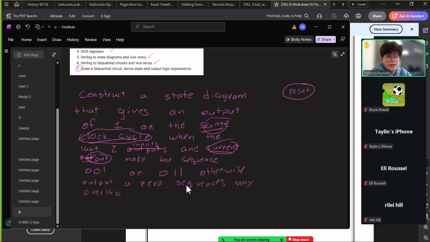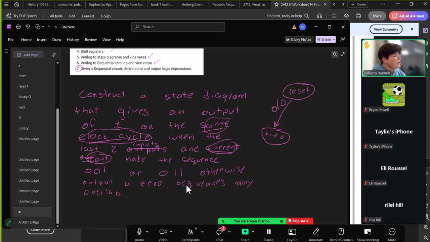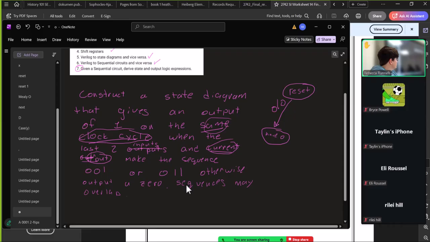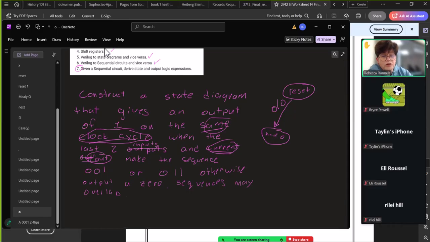Yes. So that's going to take us to a new state. Do we have either of our sequences yet? No. So our output is 0. From the reset, if we get a 1, is that headed towards any of our sequences? No, because our sequences both start with 0. So a 1 from our reset is going to take us back here.